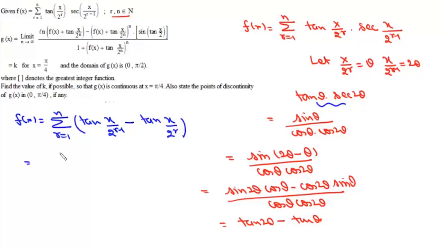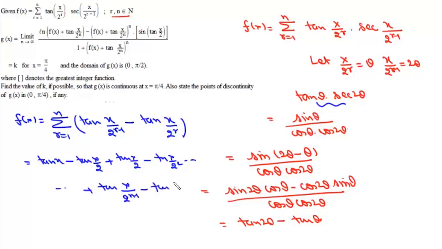Now if we put values of r, we'll get this as tan x minus tan x by 2, plus tan x by 2 minus tan x by 2 square, and we will continue up to tan x upon 2 to the power n minus 1 minus tan x upon 2 to the power n.